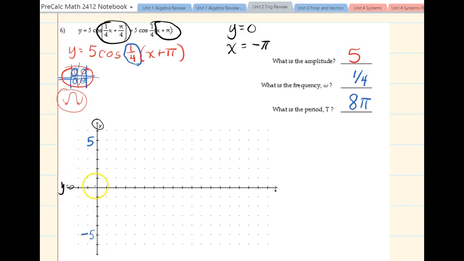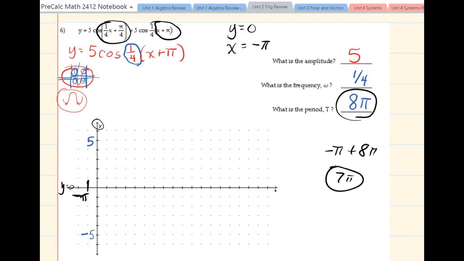But I'm going to pretend that's 0, and I'm going to go one notch over and say that that's -pi. So from here, what we need to do is add 8 pi to my -pi. If I do that, I get 7 pi.